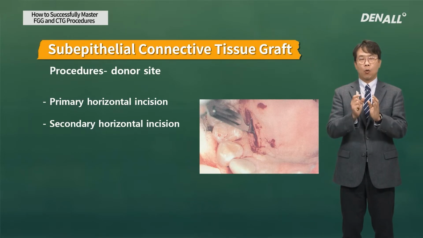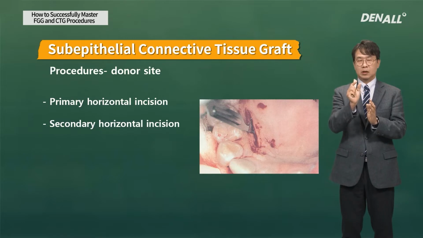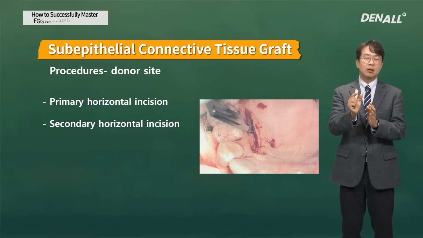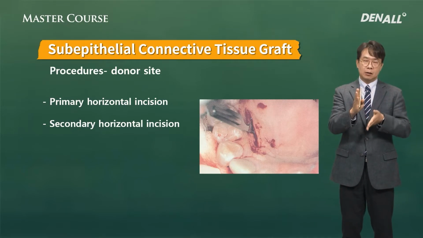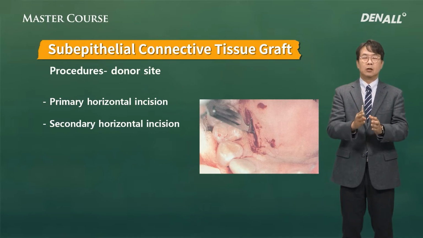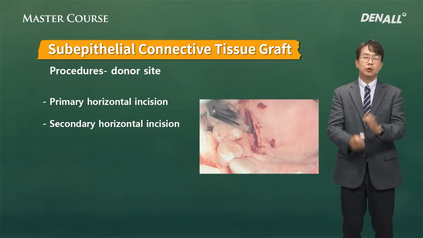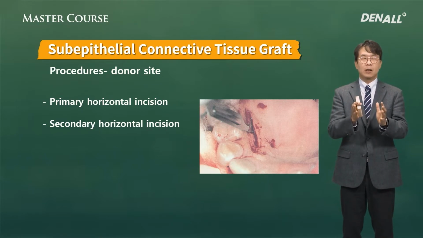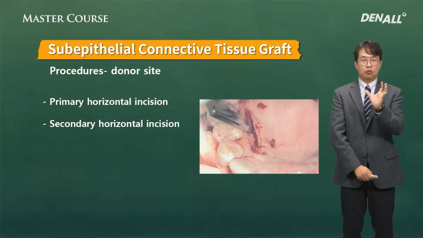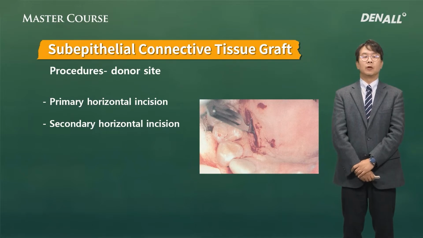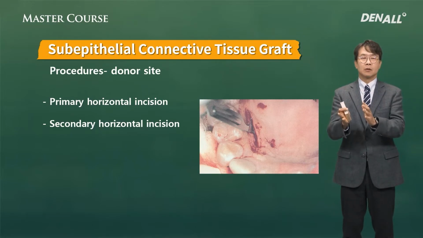The working blade width of blade number 15 is 1 millimeter. If you make the second horizontal incision 1 millimeter below the primary horizontal incision, then a partial thickness flap is made, and the thickness inside will become the thickness of the graft. So that's how it is done.